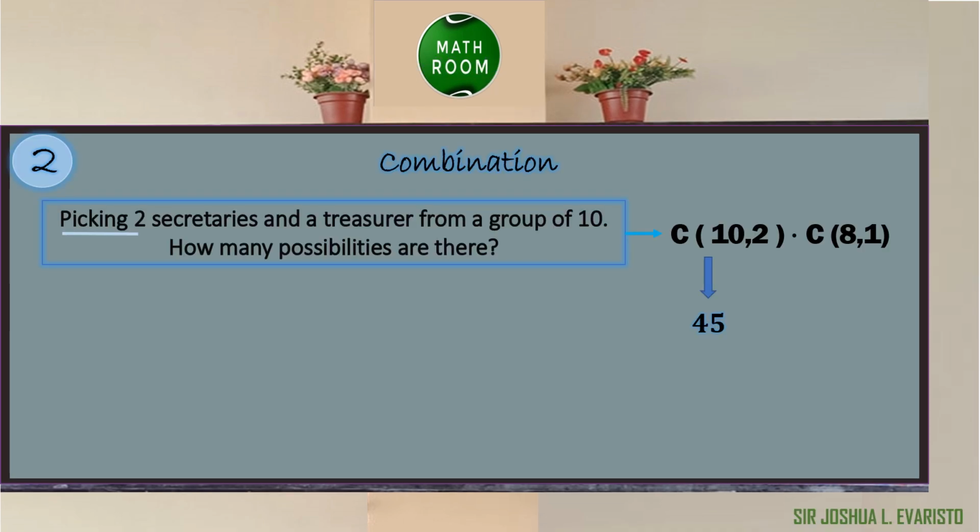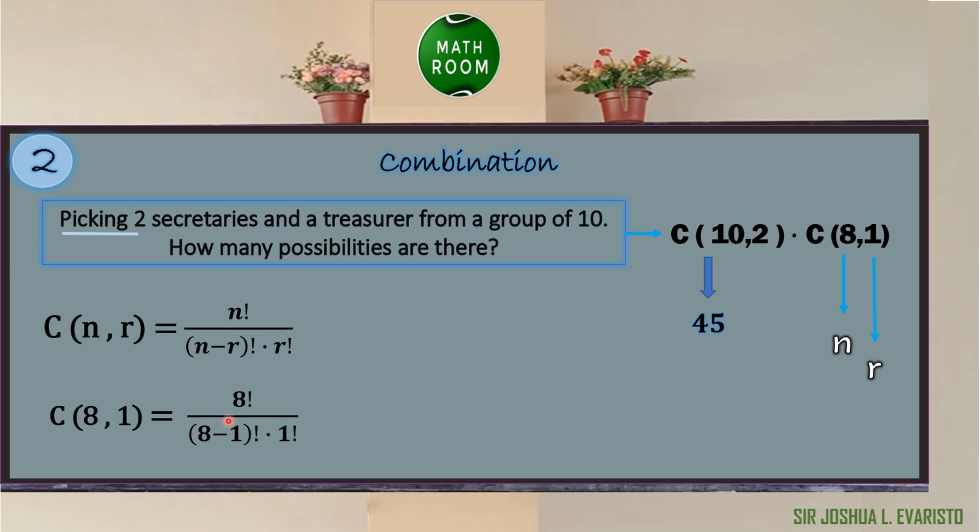Now, let us solve combination of 8, 1. Again, apply the combinations formula and substitute the given values. This time, our n is equal to 8 and our r is equal to 1. So we have combination of 8, 1 is equal to 8 factorial over quantity 8 minus 1 quantity factorial times 1 factorial.